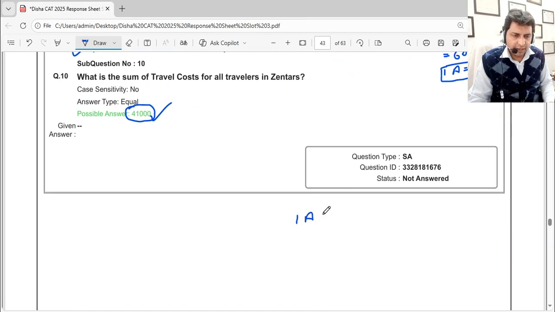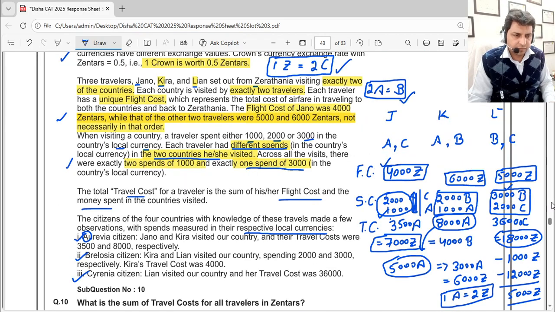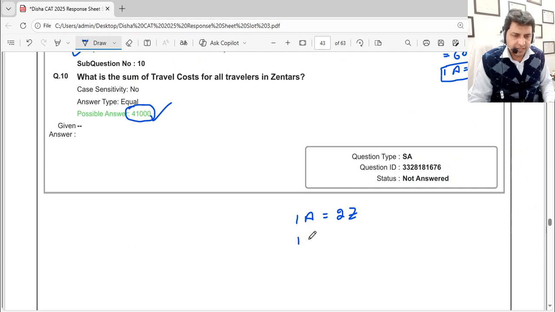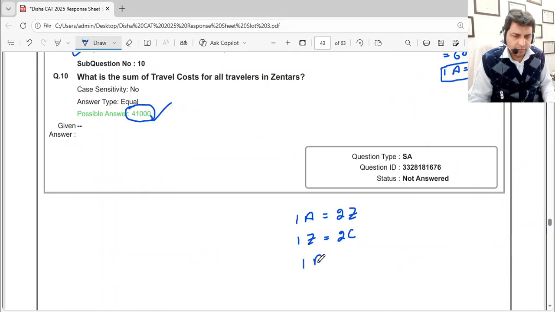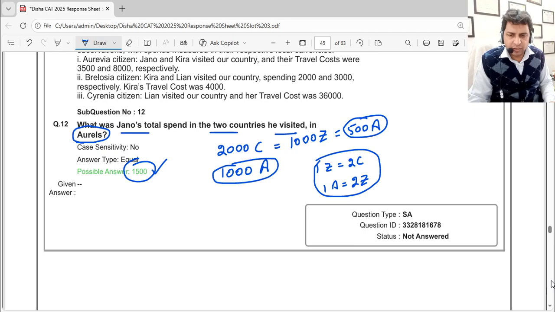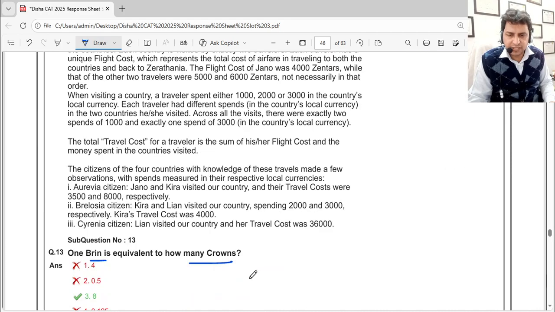So 1A is equal to twice of Z, 1Z is equal to twice of C, and 1B is equal to twice of A. These are the three things which we found out, and now we have to find out the relation between B and C. 1 Brin, how many crowns?